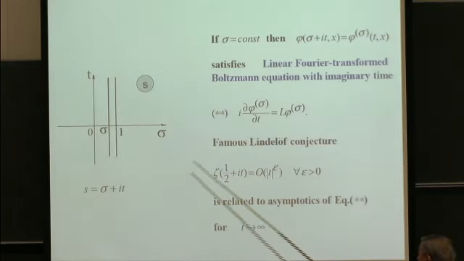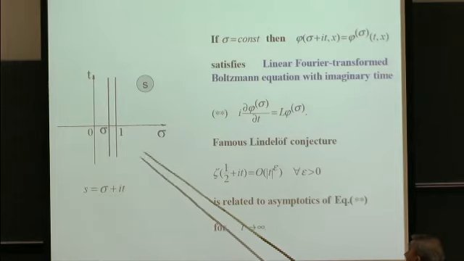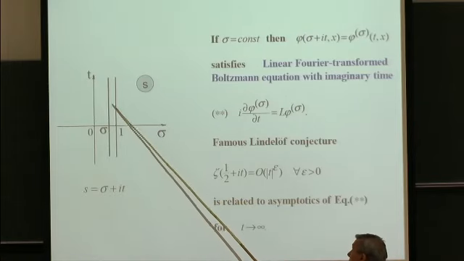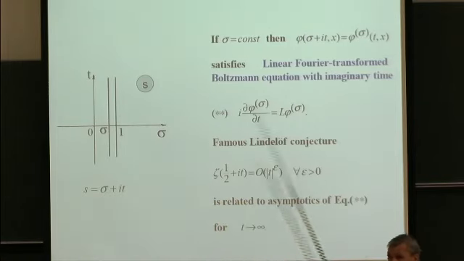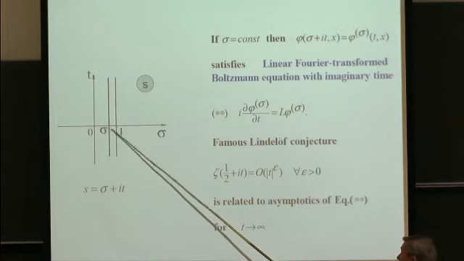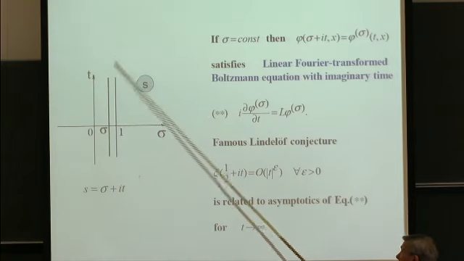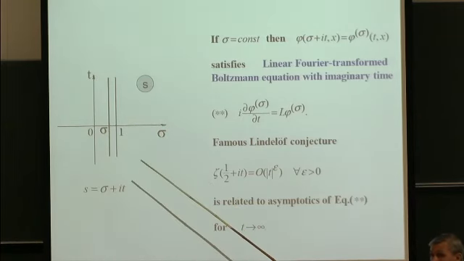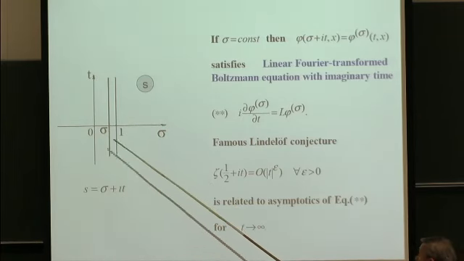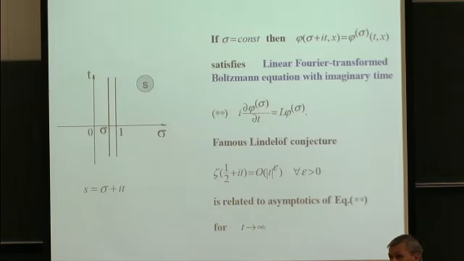But if we are able to understand what the properties of the Boltzmann equation are along these vertical lines in the complex plane, then we can answer many questions.